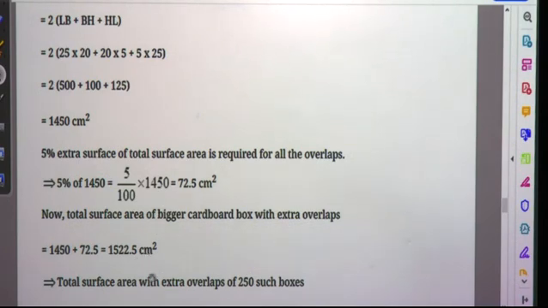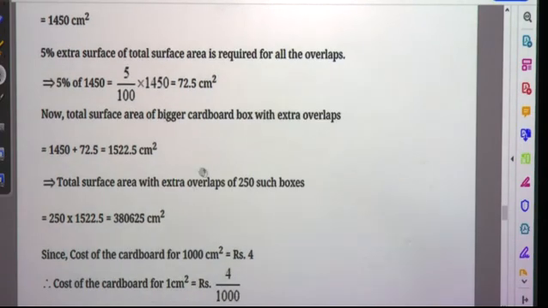Okay. Total surface area with extra overlaps of 250 such boxes. Which boxes? This bigger cardboard box. So, bigger dimension boxes 250 into 1522.5 is equal to 380,625 centimeter square.